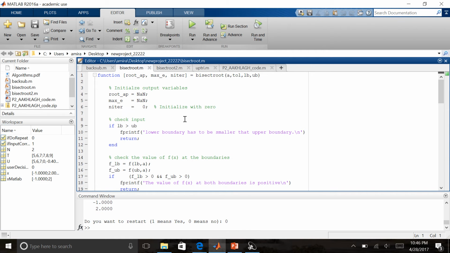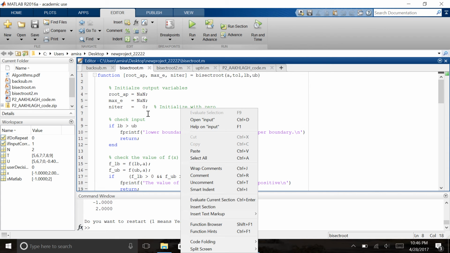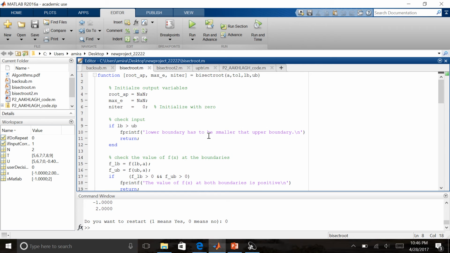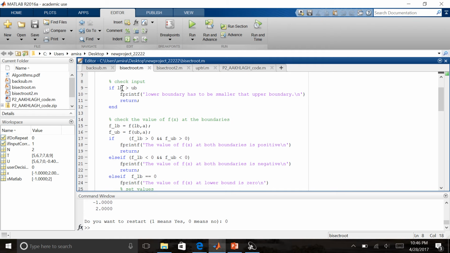So this one's going to have the initial variables, the approximate root, the maximum error, and the number of iterations. And we start with the 0. And then we start a statement with lower bounds and upper bounds. So if the lower bound is greater, then we're going to state that the lower bound has to be smaller than that upper boundary.